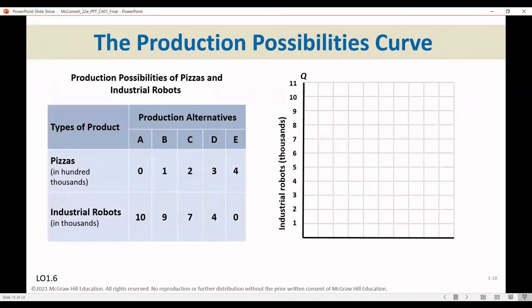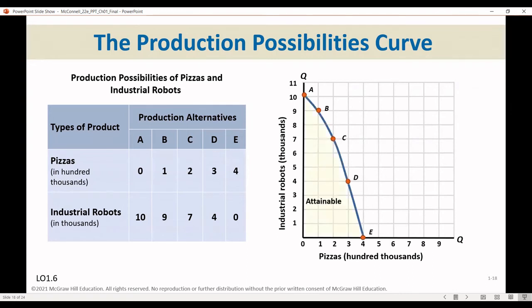So same thing, if you look at it, the schedule of the production shows you the production alternatives for the 2 products that we have, right? A consumer good, for example pizza, and an industrial good, here we have a robot.